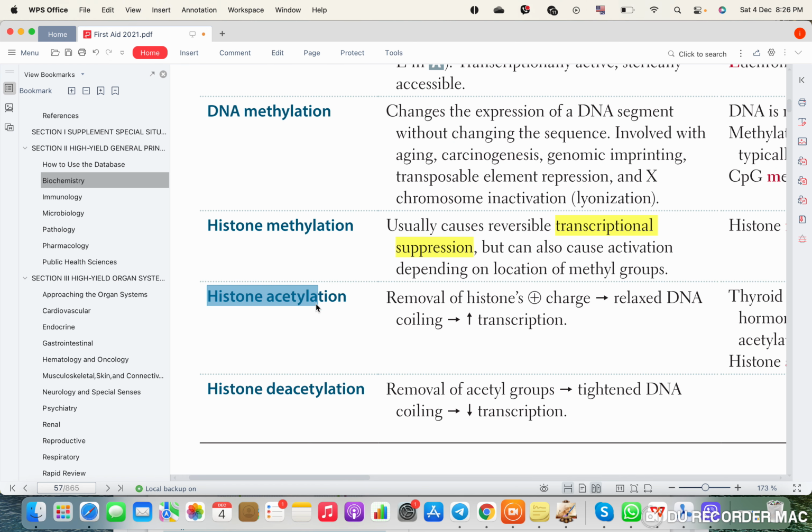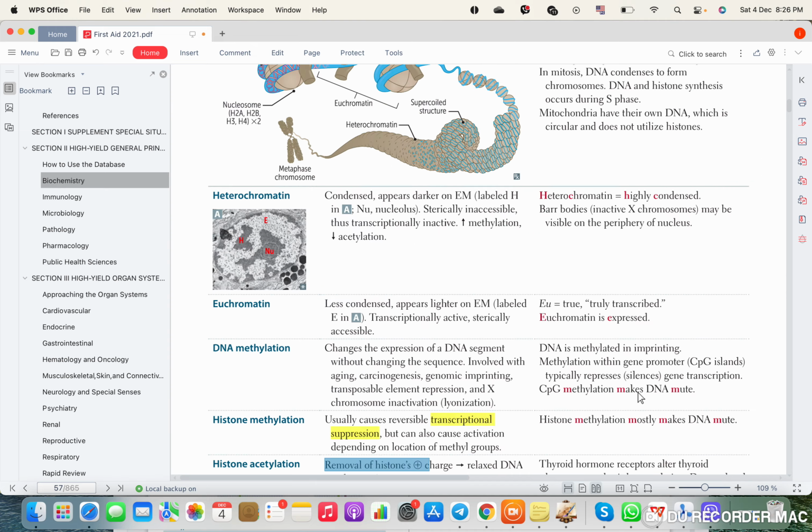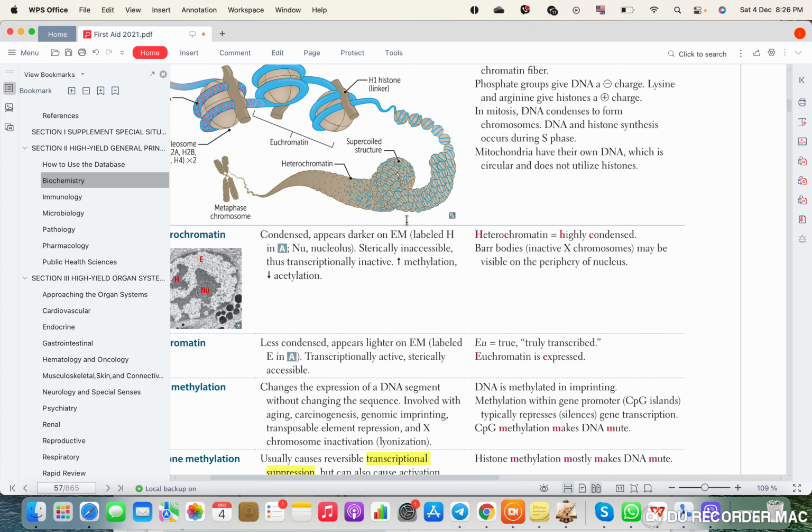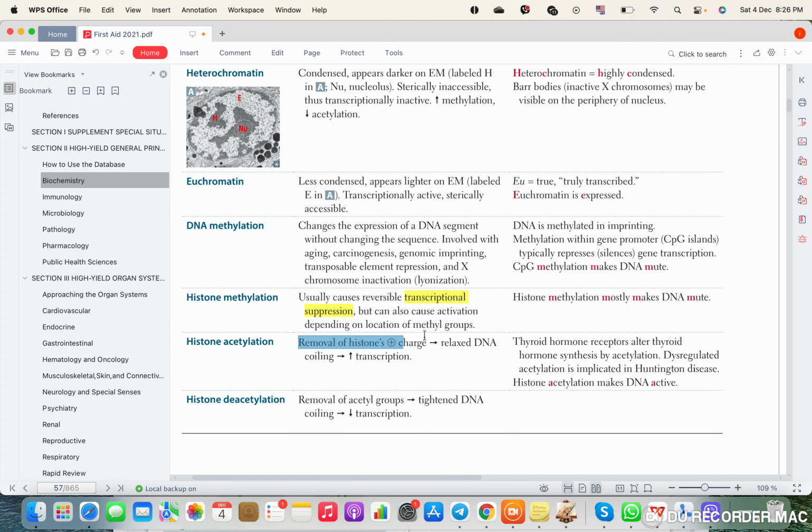So histone acetylation, so it's activation. Removal of the histone positive charge. So remember, the histones used to keep everything stable. Let me ask you this. What gave histones their positive charge? I told you DNA had negative charge because of the phosphorus.